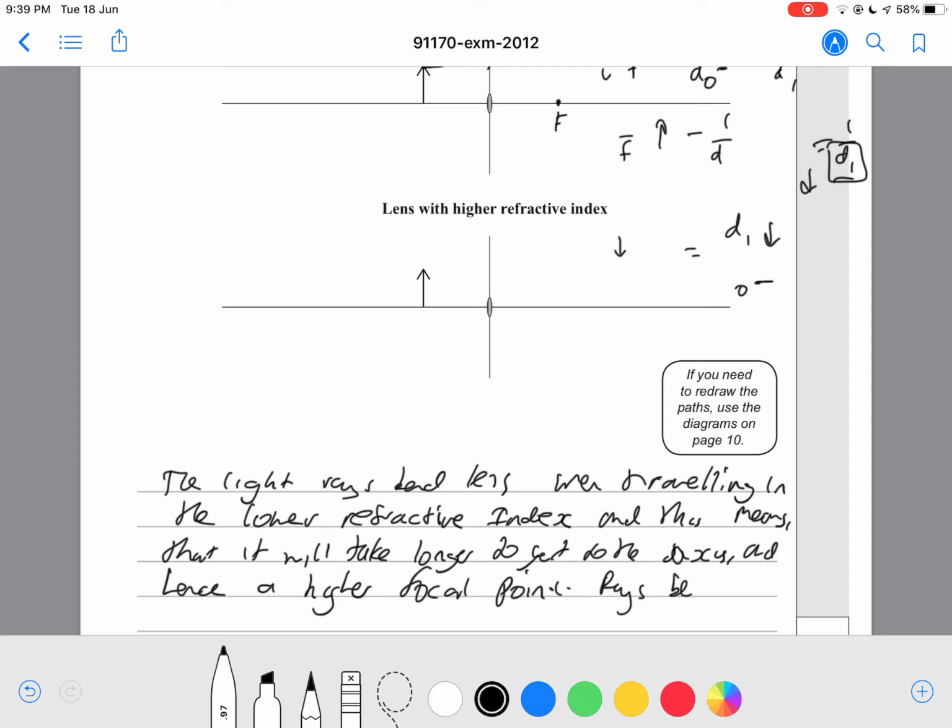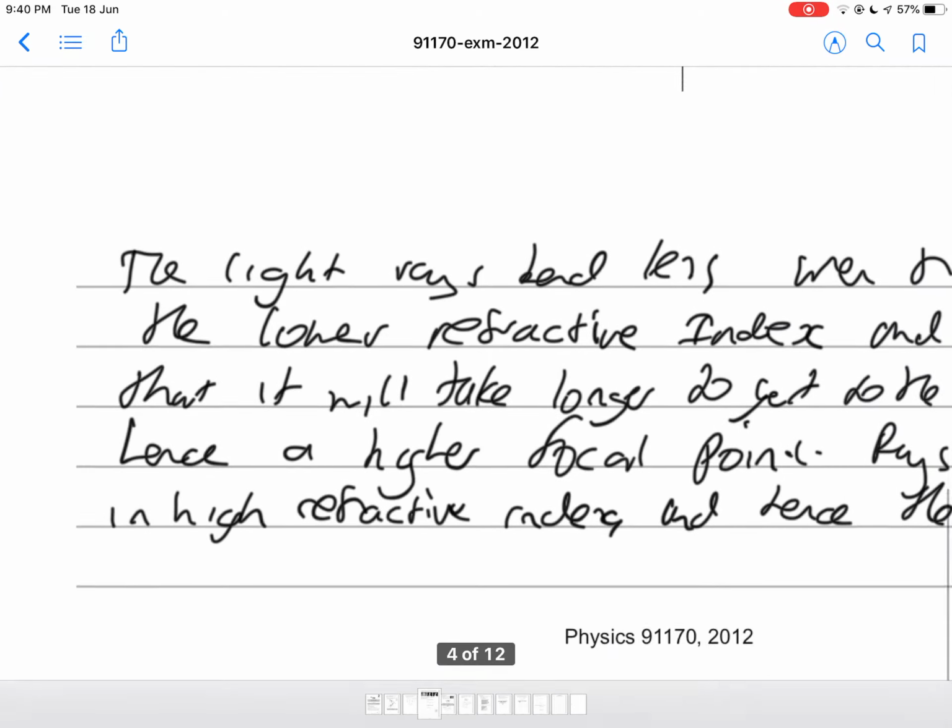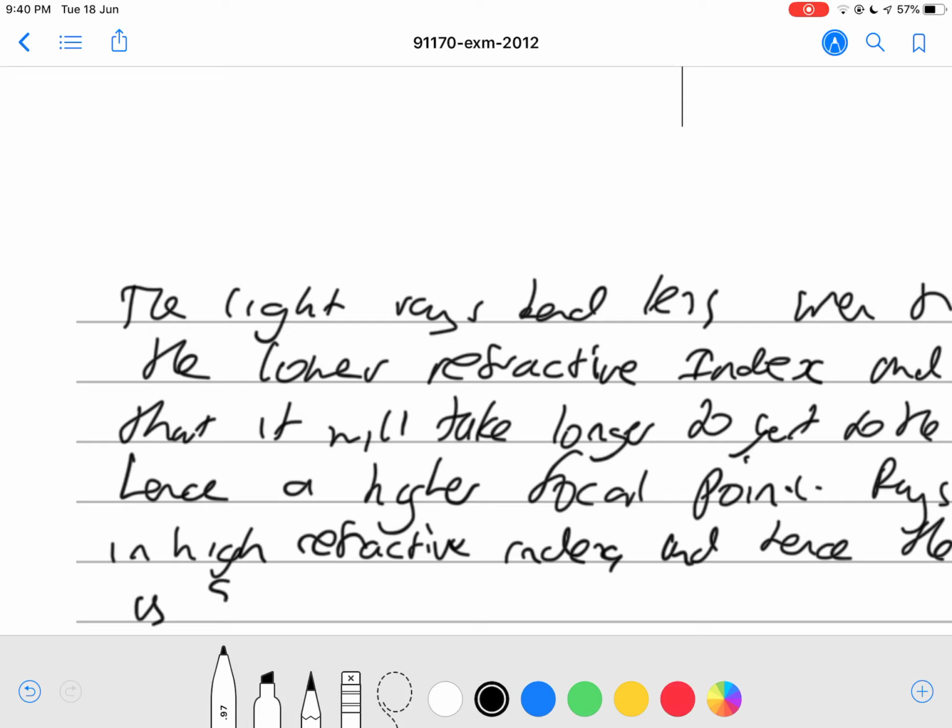Rays bend more in high refractive index, and hence the focal length is smaller.